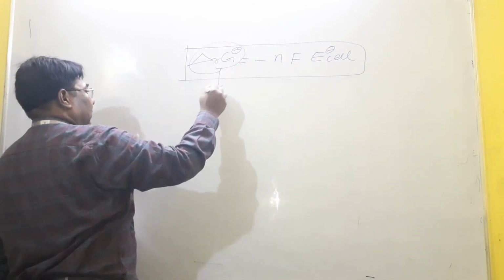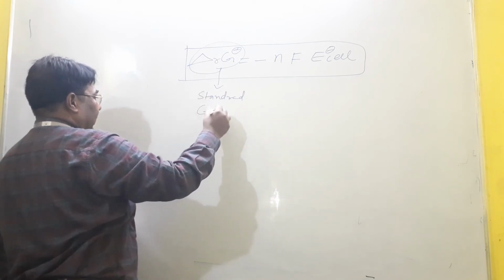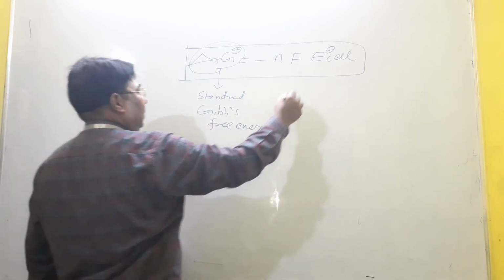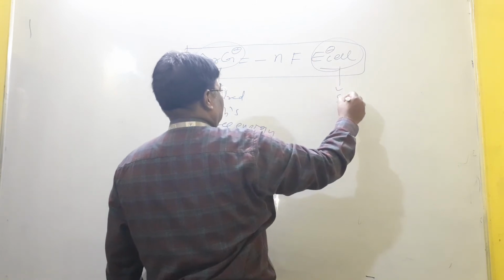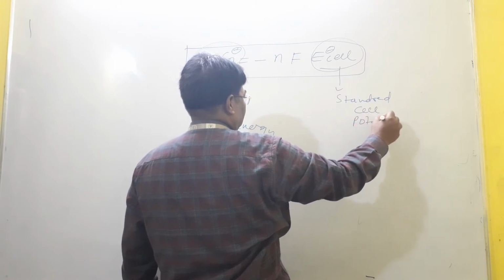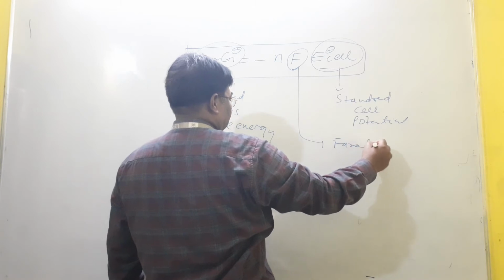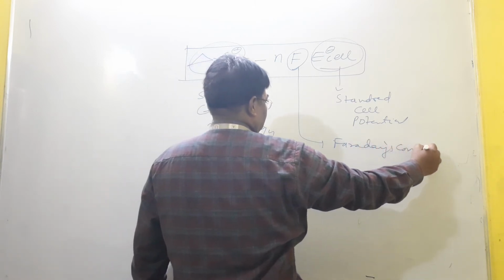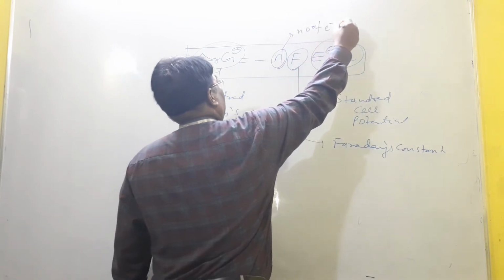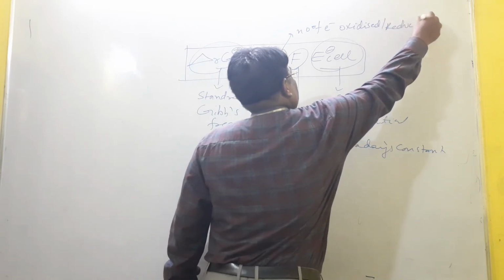Del G naught is the standard Gibbs free energy, E naught cell is the standard cell potential, F is the Faraday constant, and n is the number of electrons oxidized or reduced.